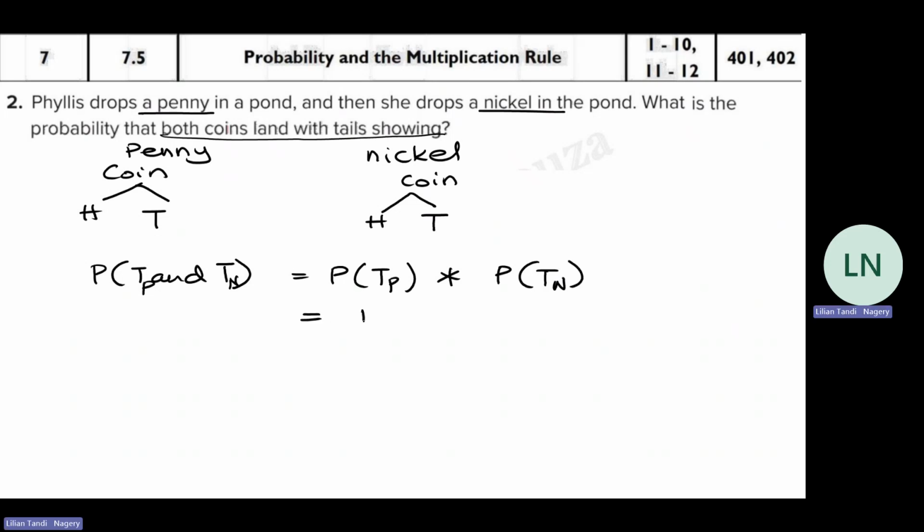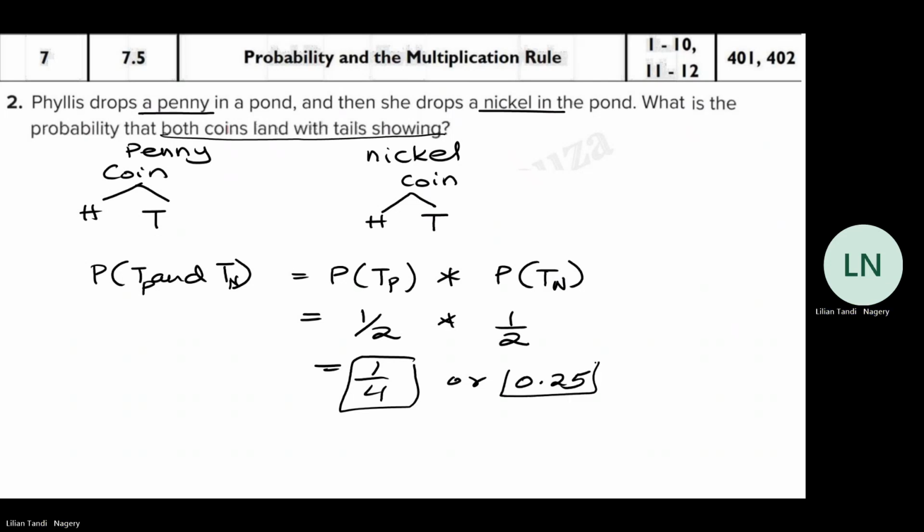And that should give you 1 out of 2 times 1 out of 2, which should give you 1 out of 4, or 25 hundredths, or 25%. Okay?